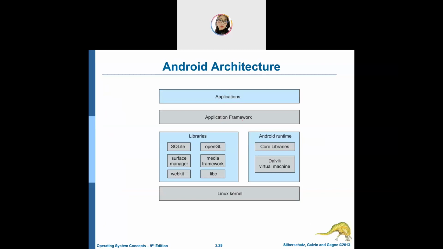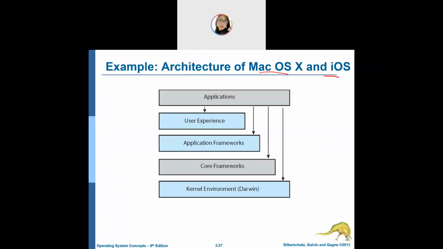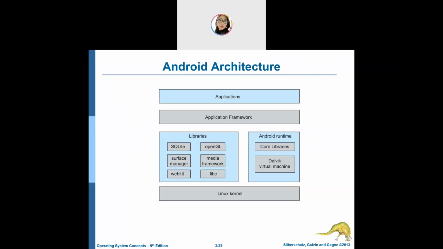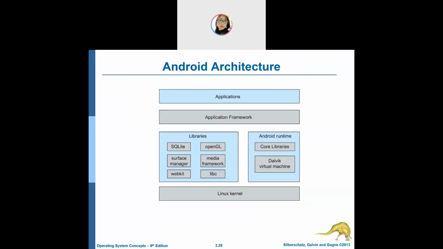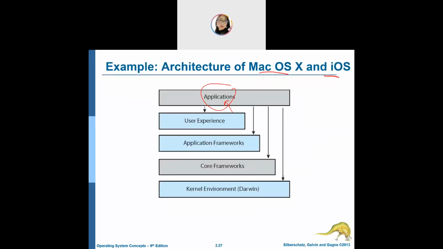You can see it is quite different from the iOS version of the structure, but on top of the layers normally is the application. The application is what you can see, which is your user interface, or on our computer, the graphical user interface. That is very important.